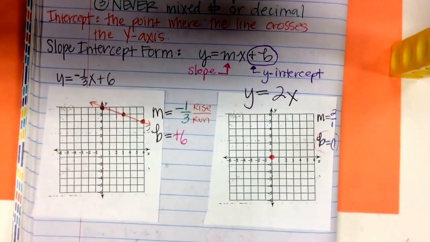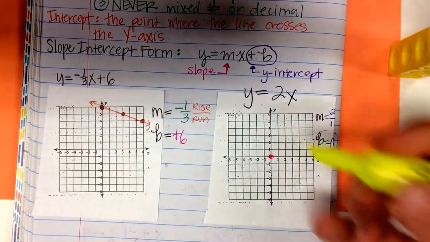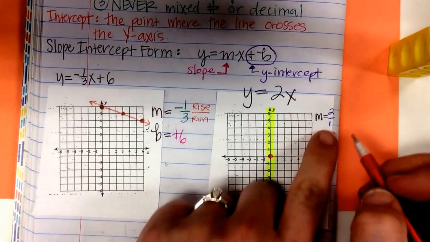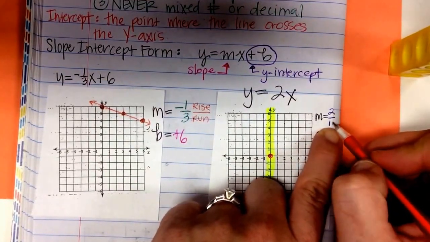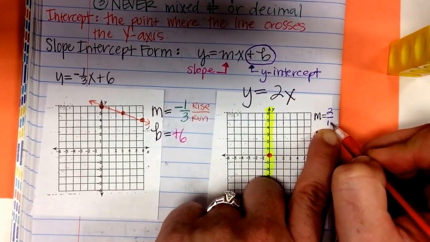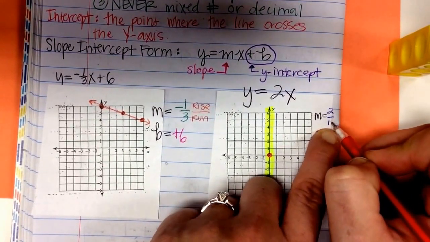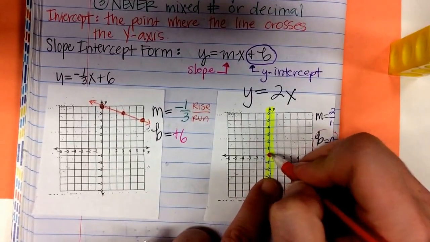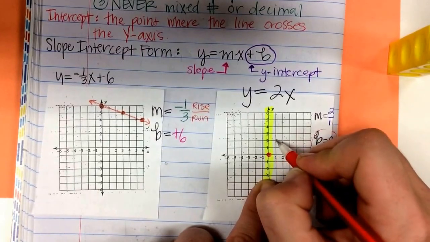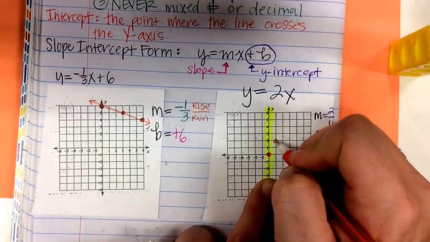Some students find it helpful to highlight that y-axis, telling them that's where they start. All right, and then we do our slope. Rise over run. What does that look like, Sam? Up 2, because it's positive 2, and to the right 1, because it's positive 1.